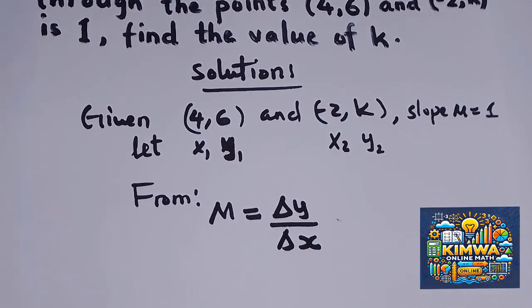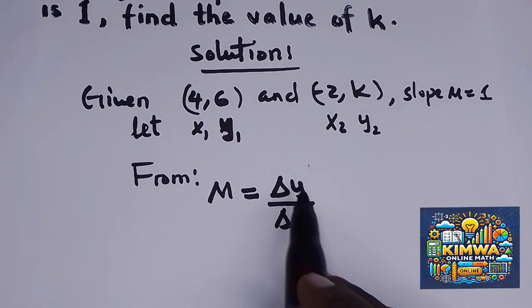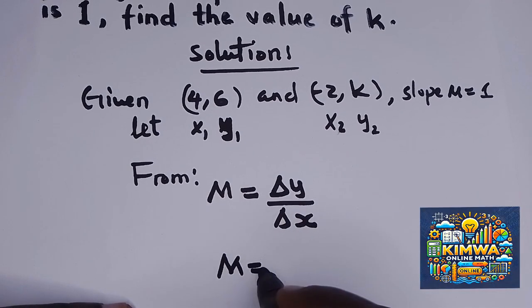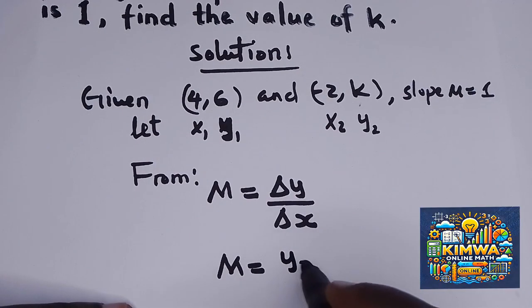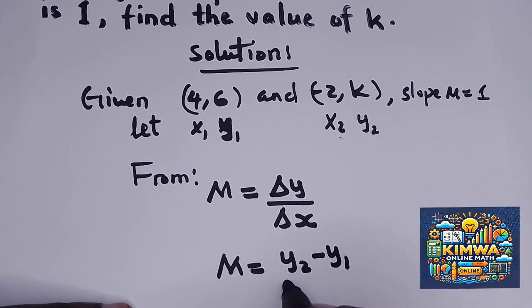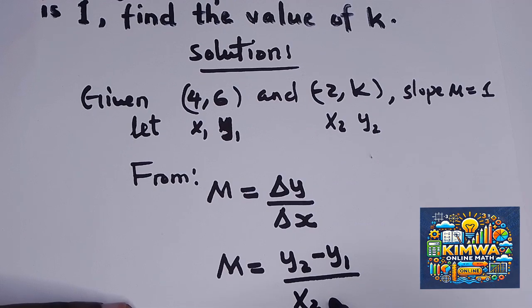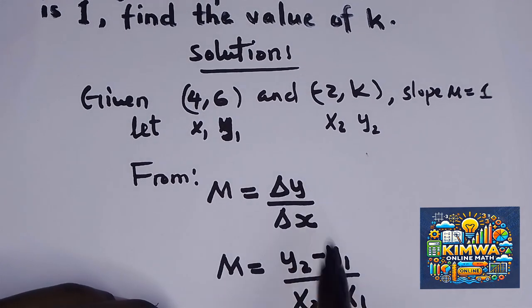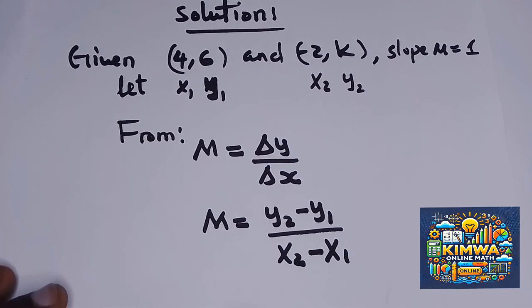This is the formula. How can you get the change of y and change of x? It is very simple. It means that m is equal to change of y, which is y2 minus y1, over x2 minus x1. This is change in y, and at the denominator this is change in x.